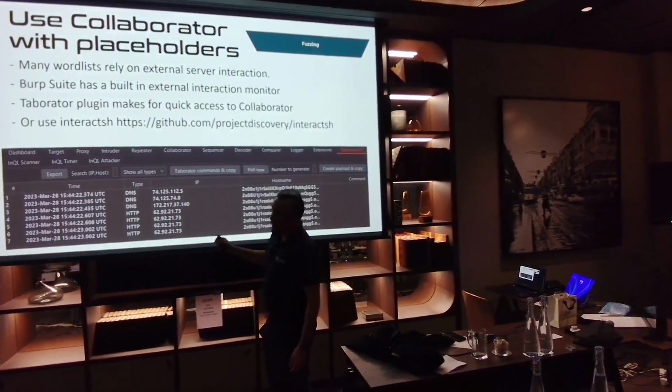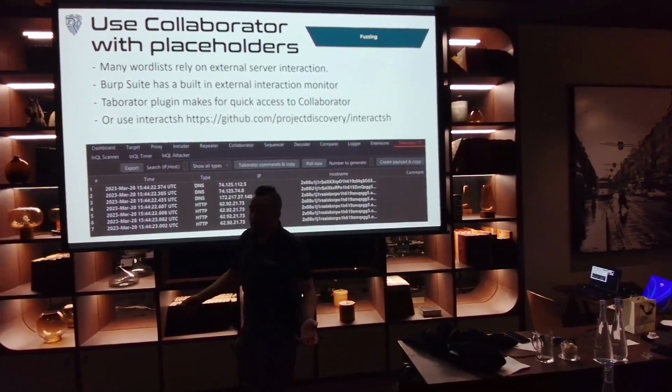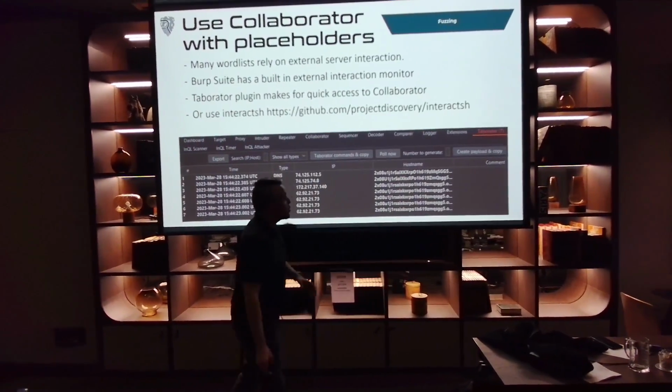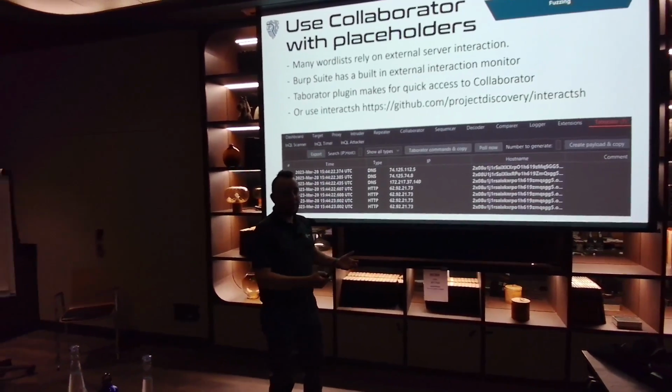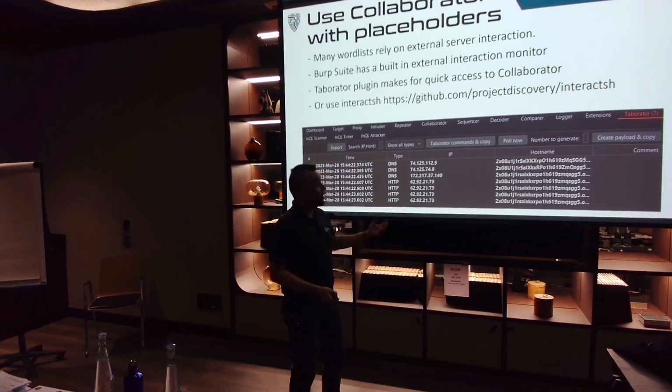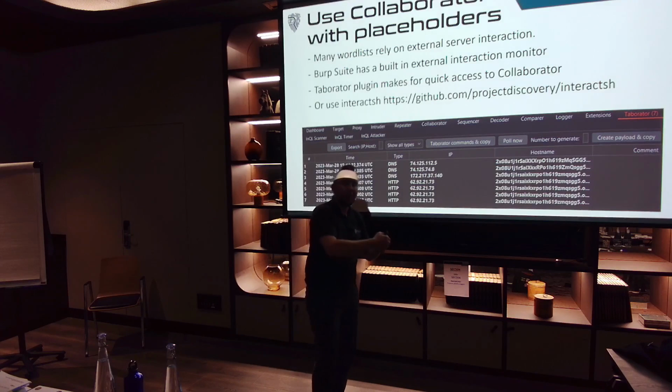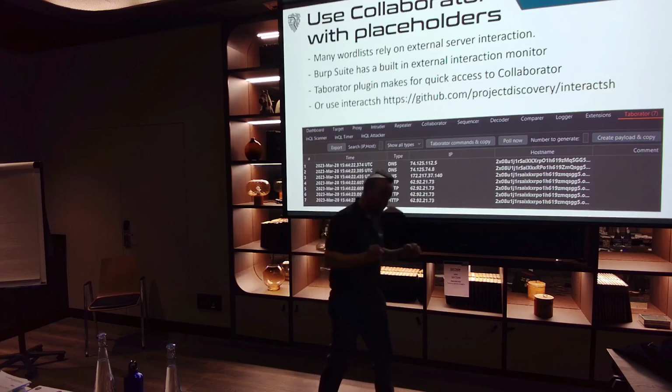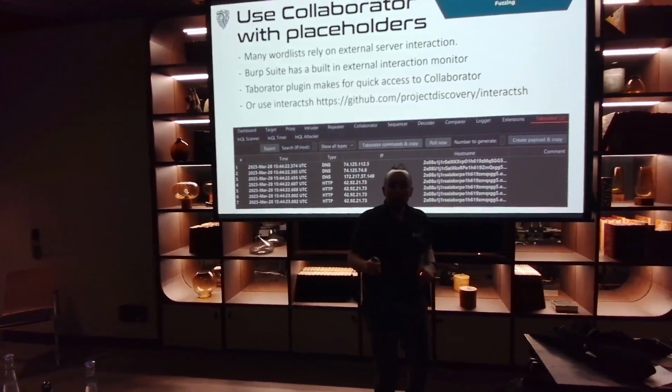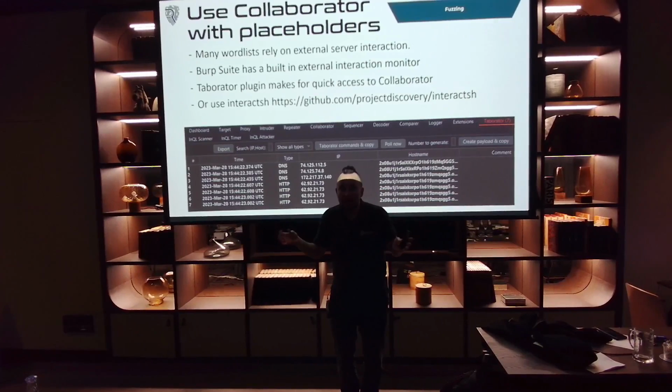But many of the word lists, as I said, they will require some kind of external server interaction, for example. So we want to replace the placeholders with a Burp Collaborator, or if you want to use the free version, interact.sh, so that we can see if our word list makes the target behave differently. Say, all of a sudden it makes a DNS request to us, makes an HTTP request, all of that stuff we must measure, and Burp Collaborator is a tool that will listen for callbacks, listen for that external server interaction.